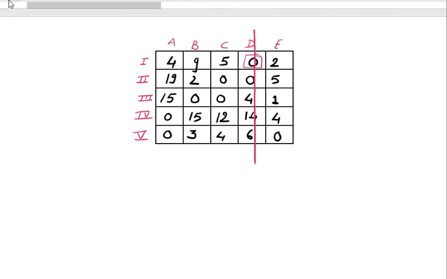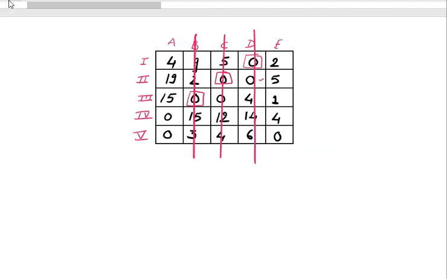Now in the second row there is a single zero, because one zero is already crossed, so there is a single zero here in the third column. So we make an assignment and draw a vertical line. In the third row there is a single zero here, so we make an assignment and again draw a vertical line.